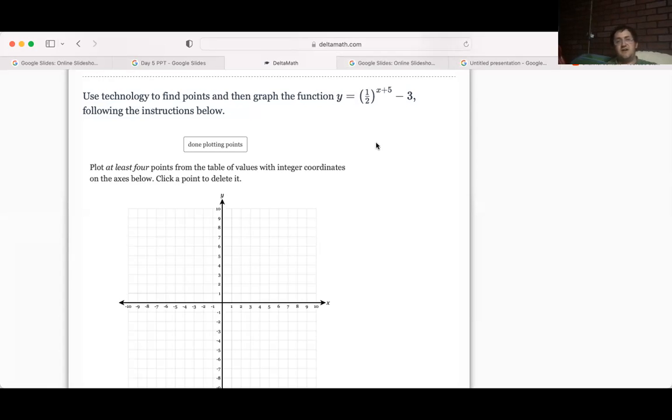All right, let's look at a situation now where we do not have a table of values.